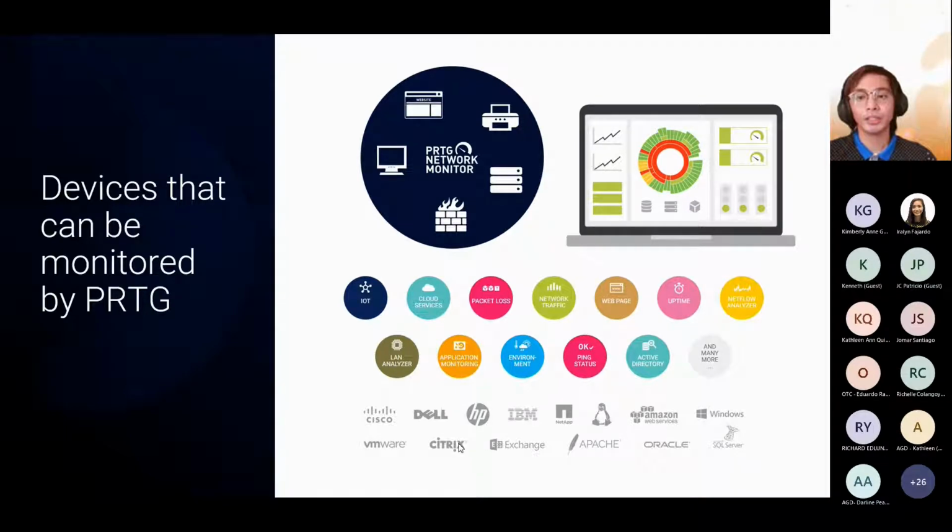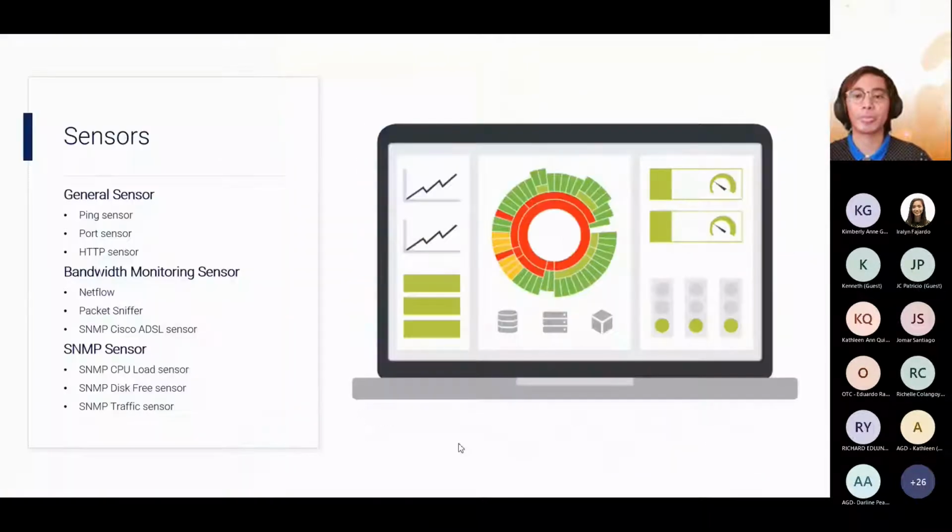So if you are using this technology, we can also integrate it with our PRTG. We only need you to provide a credential for us to easily integrate it with PRTG, and we can now already add a dedicated sensor for each technology, and we can now already monitor our network devices.